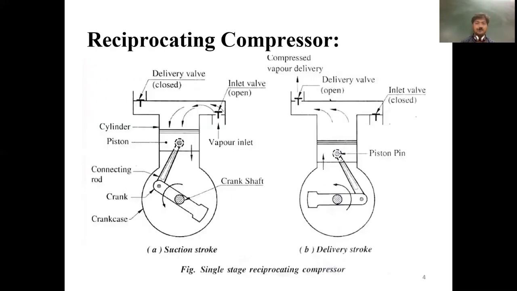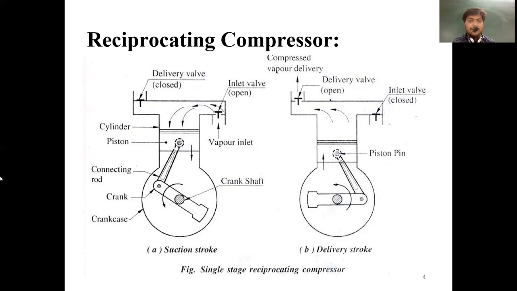This is a layout diagram of a single stage reciprocating compressor. Its function is similar to a reciprocating engine, but the input is changed. In a reciprocating engine, fuel is supplied to the cylinder and burns, and mechanical work is obtained. But in this, mechanical work is supplied and high pressure refrigerant or fluid is obtained.